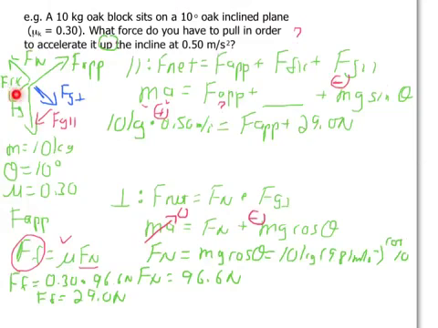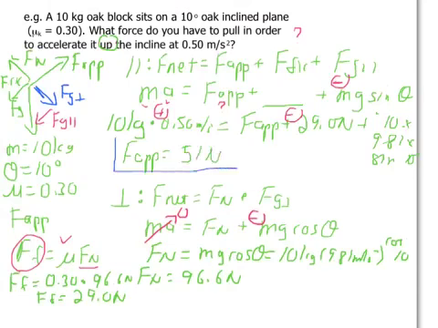The force of kinetic friction is acting downhill, therefore this is technically negative, plus negative 10 kilograms times 9.81 times the sine of 10 degrees. Solving for F app is 51 newtons. And that is our final answer.